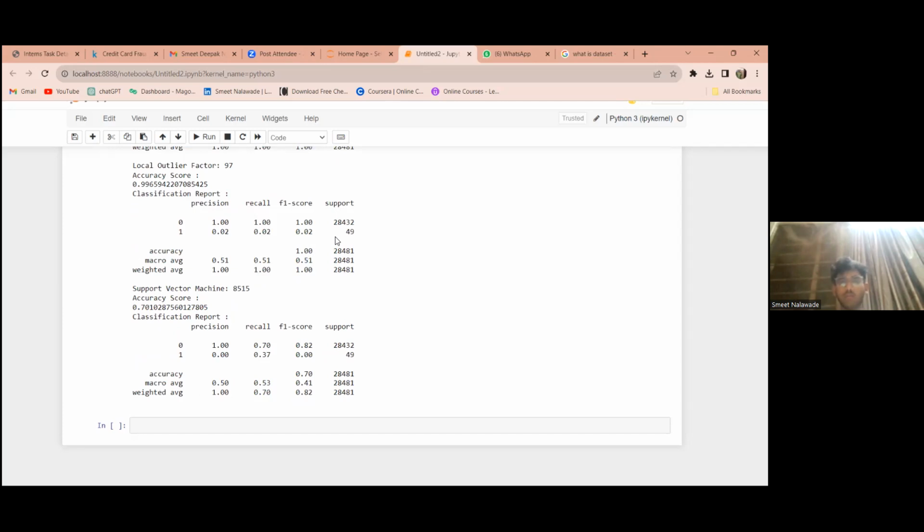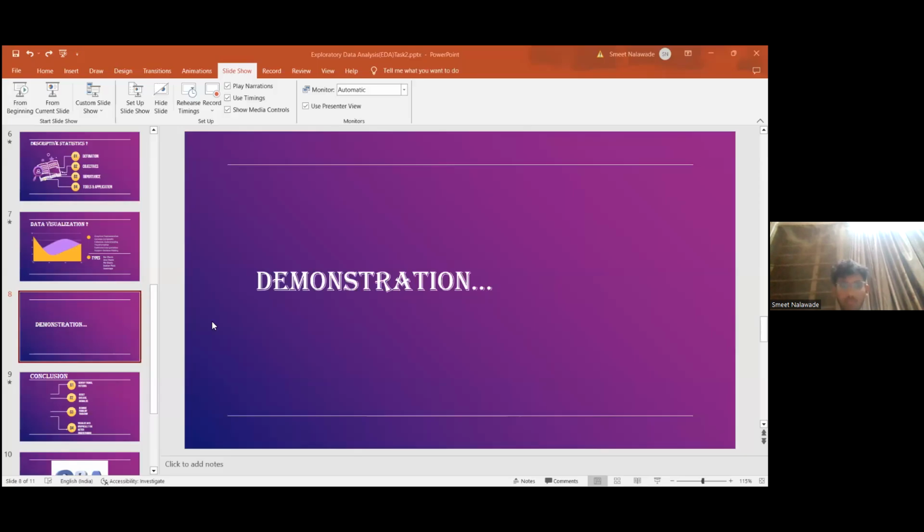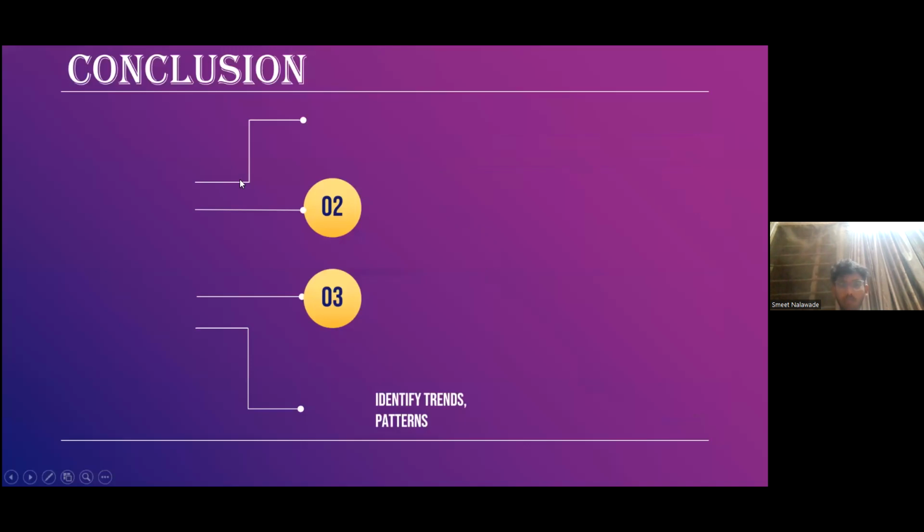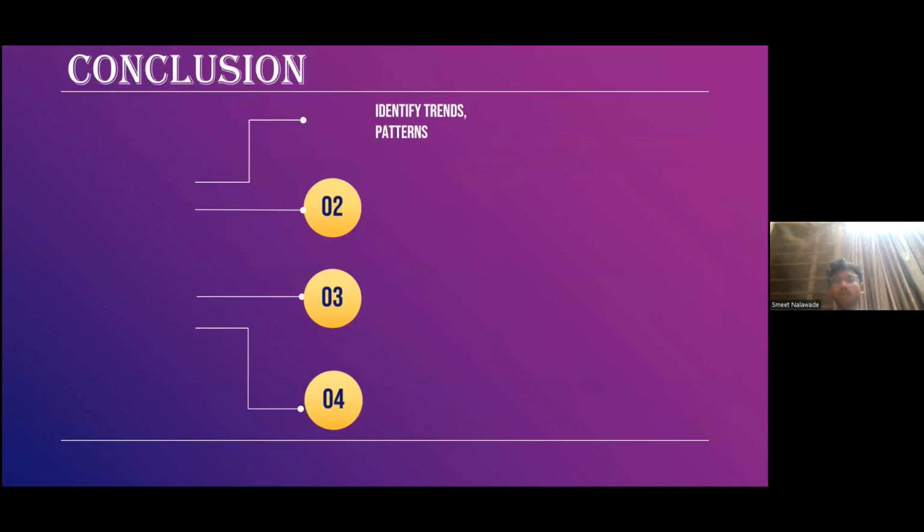So let's again move towards our PPT. In conclusion, we identified the trends and patterns. We detected outliers and anomalies.